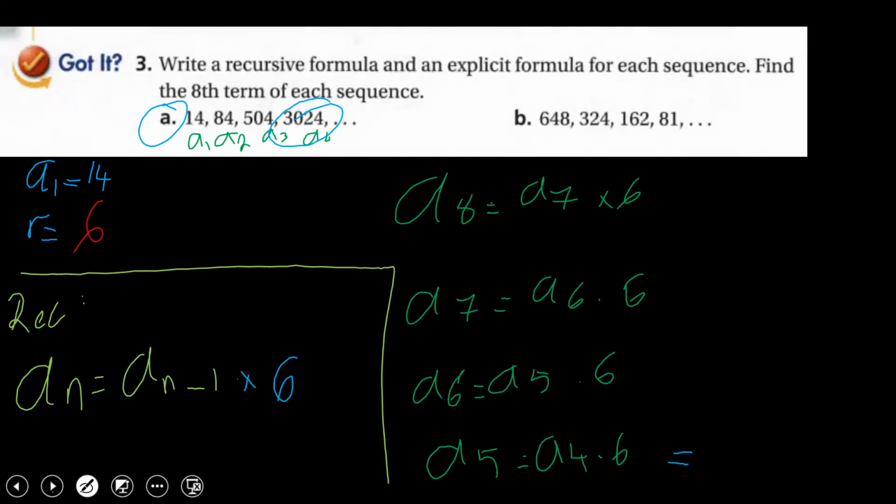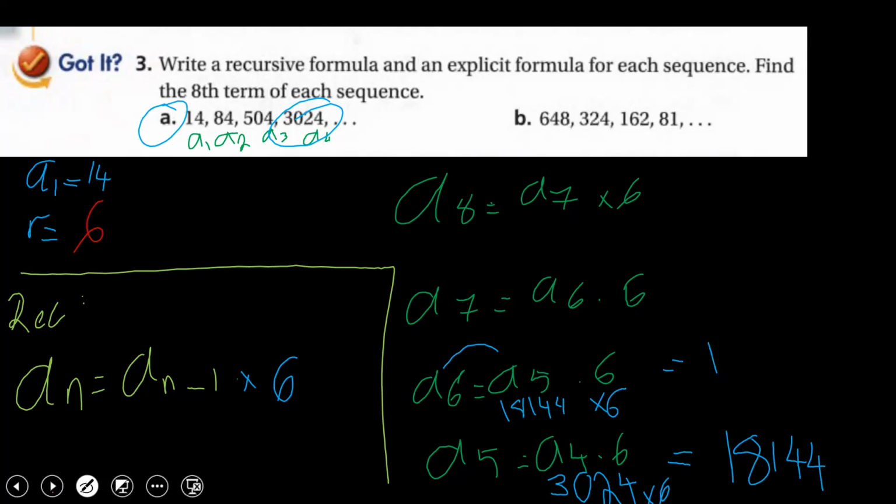So, if I want to find A sub 5, let's multiply 3024 by 6. Let's do it. Which is 18144. Then this number, 18144, if you multiply it by 6, you will get A6.